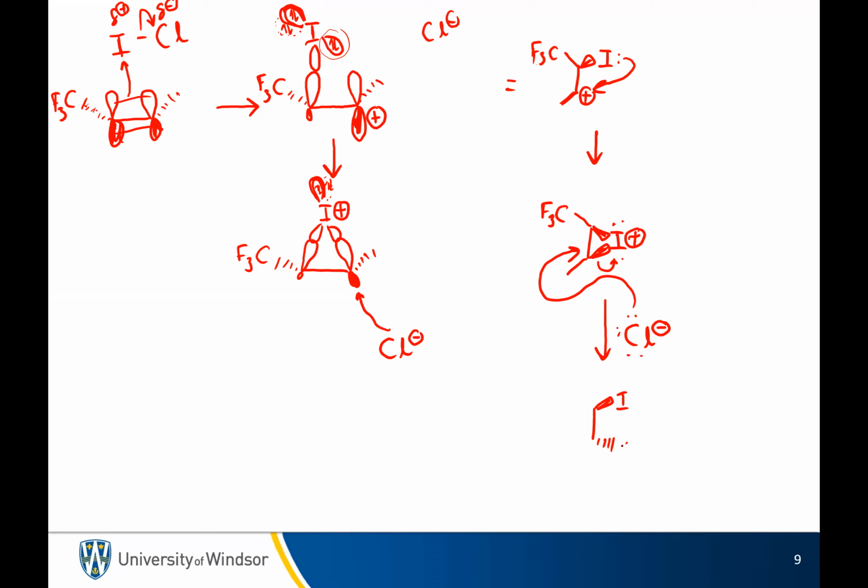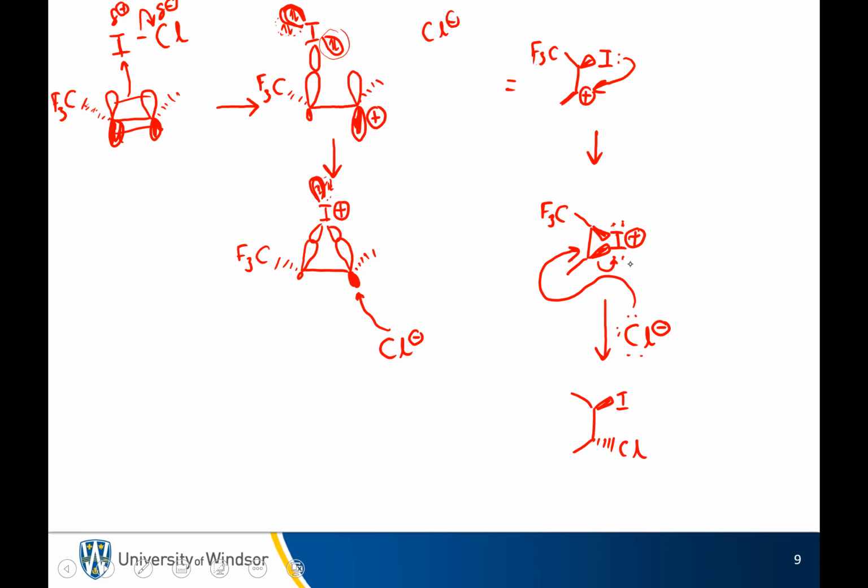So that explains why chlorine and iodine are on the backside of each other. It doesn't explain why the chlorine attacked that carbon and not the other carbon. But that's explained by thinking about this for a second. So we have a structure here where the iodine is formally positively charged.